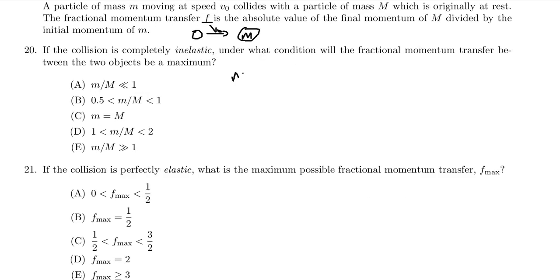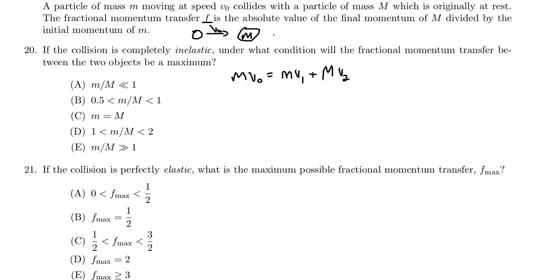So what that tells us is that small m v0, basically the initial momentum, will be equal to small m v1 plus big M v2, if we say that these are the velocities of the two respective objects.